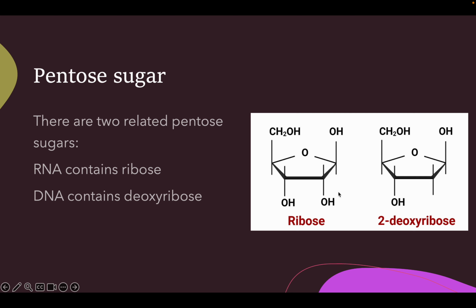So in case of ribose we have this hydroxyl group, but in case of the deoxyribose, the sugar which is present in DNA, we don't have the second carbon hydroxyl group. That's why it's called the 2-deoxyribose, and this is what makes a difference between the DNA and RNA.